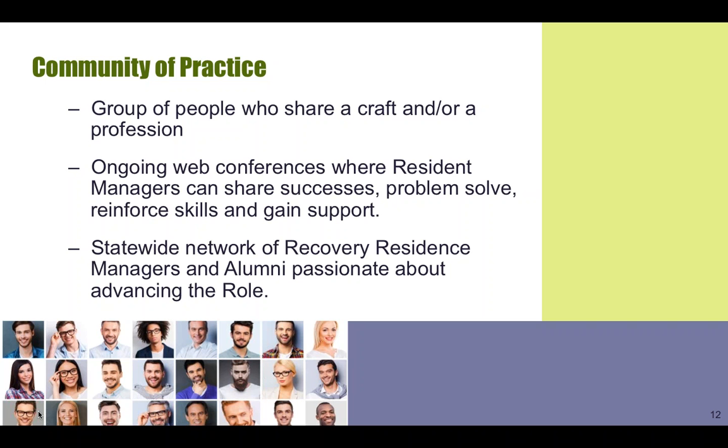So we want to bring folks back together on a regular basis, or create a formal opportunity for individuals to come back and talk about that. It's great to share successes, but it's also great to share barriers, so that we can problem solve as a community. Eventually, this is looking to develop a statewide network of recovery residence managers and alumni who are passionate about advancing the role.